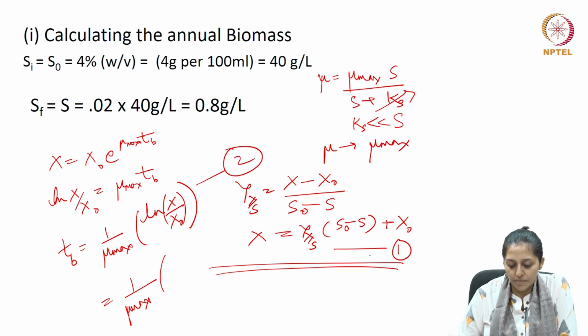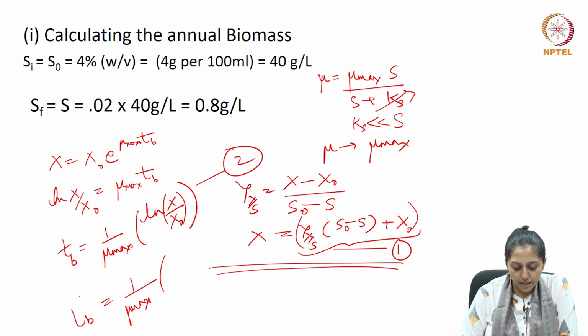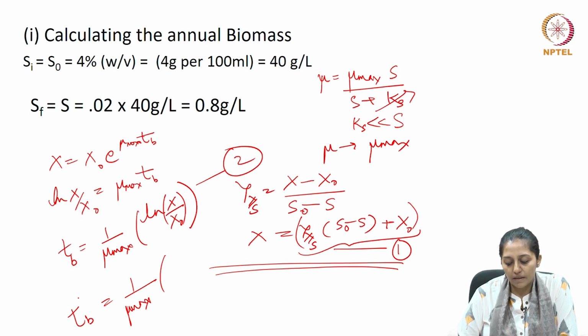So, if we do the substitution of x in terms of the entire portion which I have put in curly brackets in equation 2, then you can calculate the value of batch time, because the rest of everything in this equation is known. We know S, we know S naught, we know x naught.